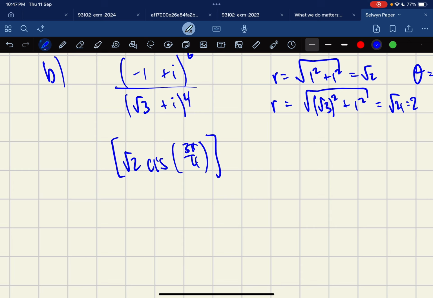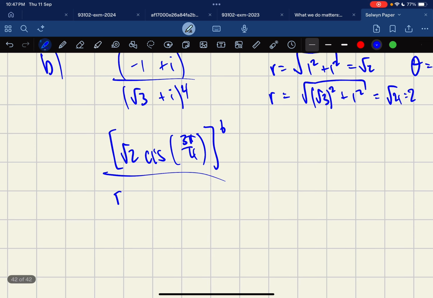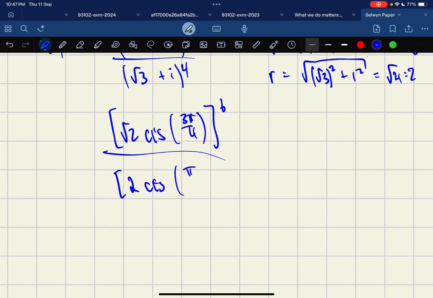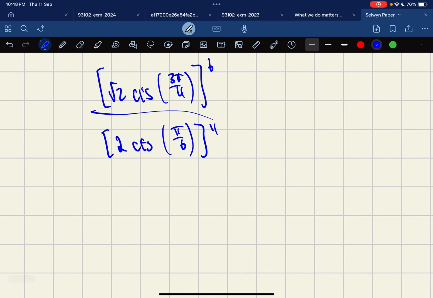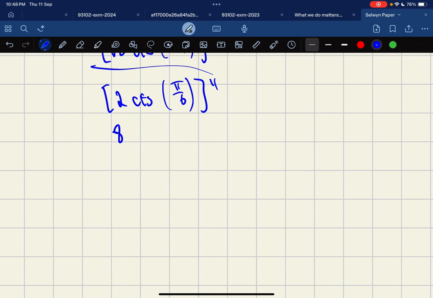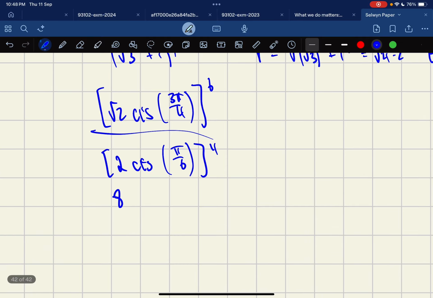divided by 2 cis of pi over 6 to the power of 4. So then using de Moivre's theorem, root 2 to the power of 6 gives you 8, and then multiplying the argument inside by the power is going to be 6 times 3 pi over 4.